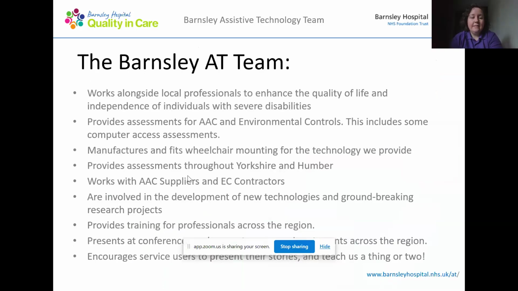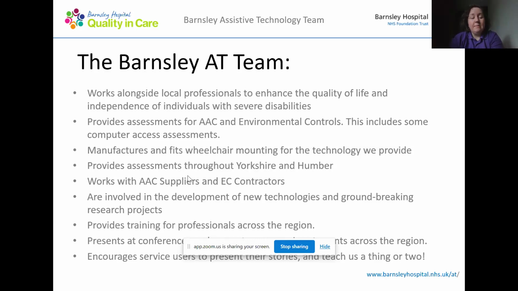So the Barnsley Assistive Technology team, we work alongside local professionals. So you would be the local professional in our relationship here. We're the specialised service, and local professionals might be a speech and language therapist, to enhance the quality of life and independence of individuals with severe disabilities.